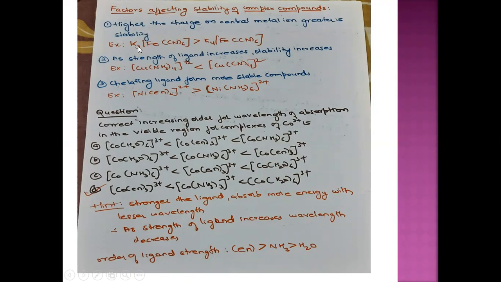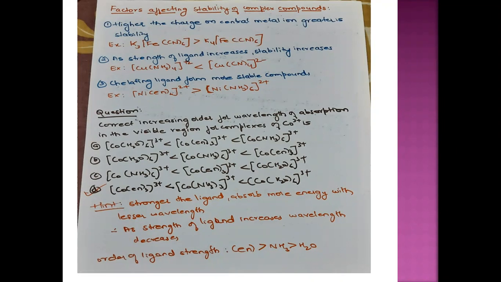For example, K3[Fe(CN)6] and K4[Fe(CN)6]. Same number of ligands, 6 cyanide ligands in each. The central metal atom is also the same, Fe. But in K3[Fe(CN)6], the oxidation state of Fe is plus 3, and in K4[Fe(CN)6], the oxidation state is plus 2. So which has the higher oxidation state? Plus 3.